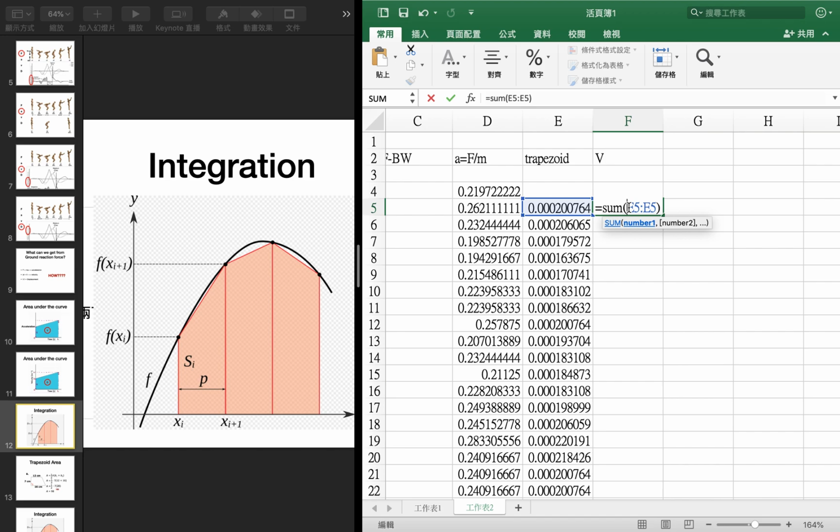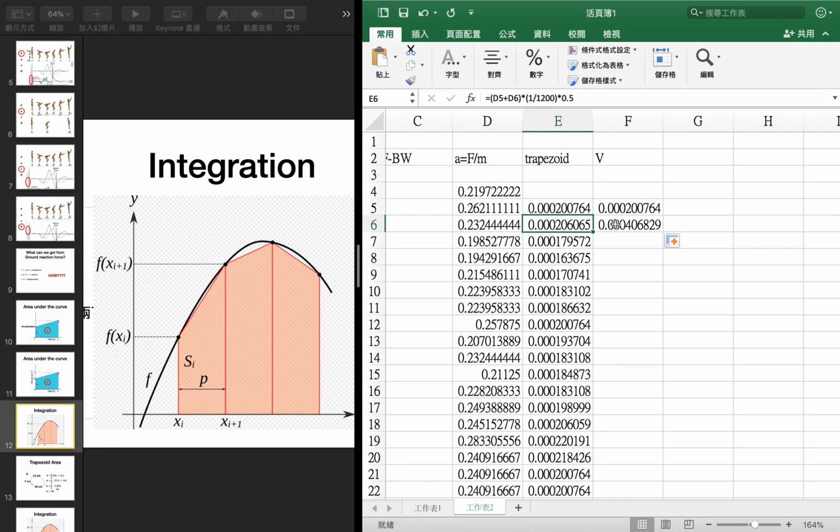So we use the dollar sign. And I click enter. That'll be the sum from this block to this block. So it's the same as this block. If I drag it down, you can see this block means the sum from E5 to E6. So that's a summation from this block and this block.